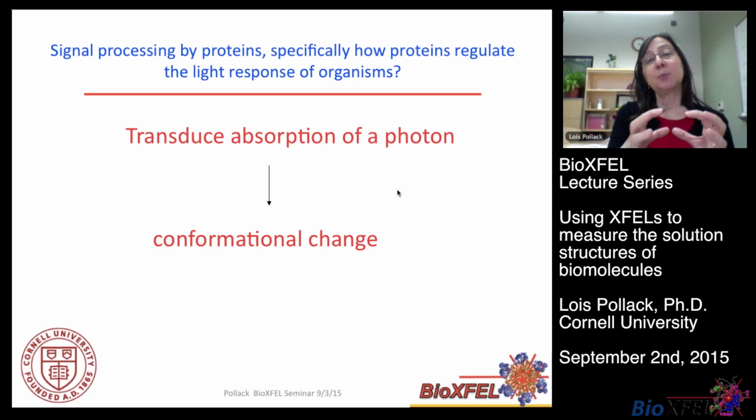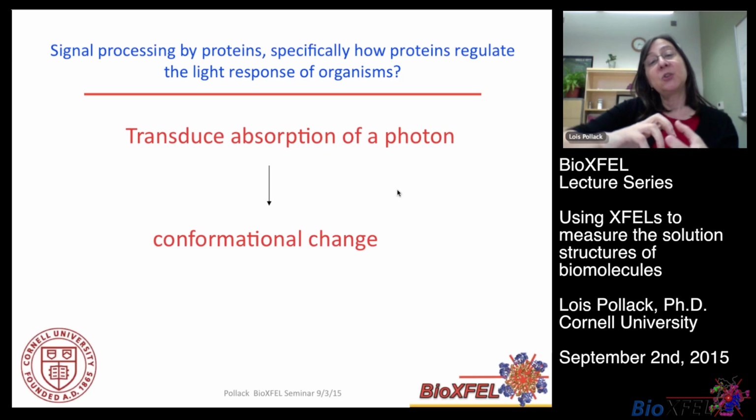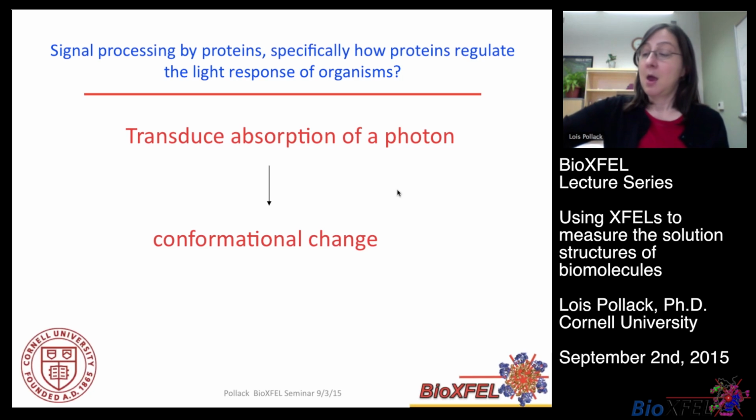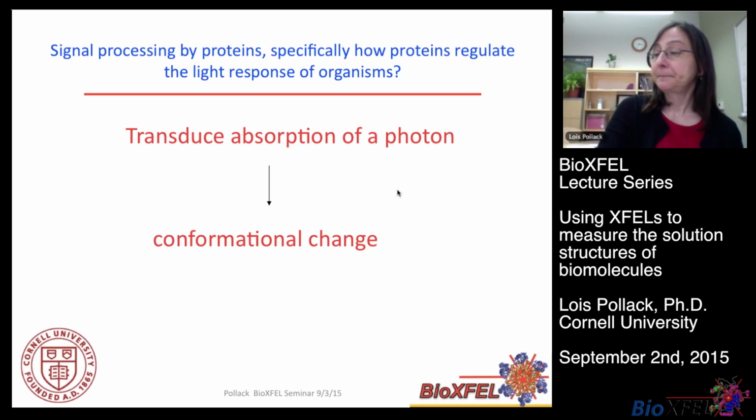So what you need is a protein that transduces the absorption of a photon into some kind of an action or a conformational change. The photon is the trigger, then the protein has to respond to that and then allow that change to affect other changes in a cell.